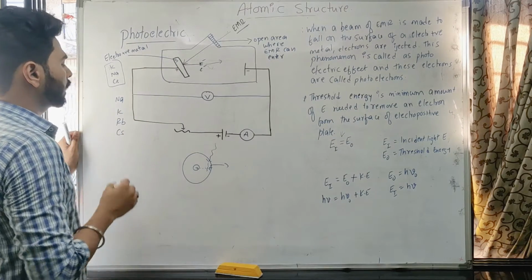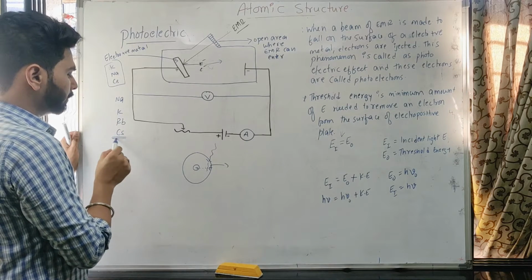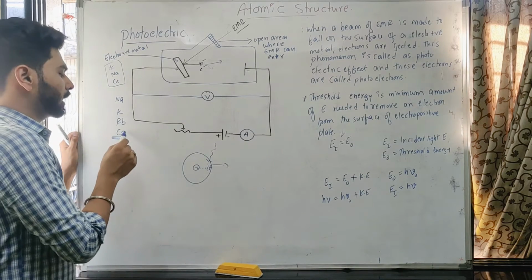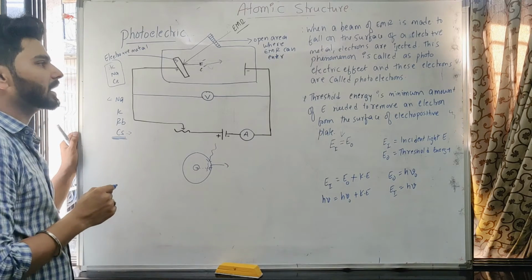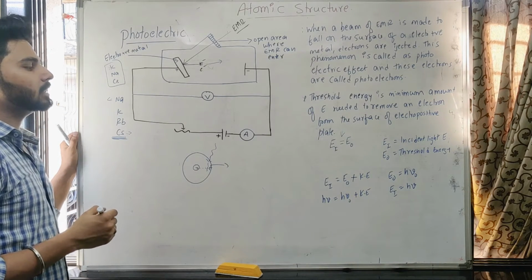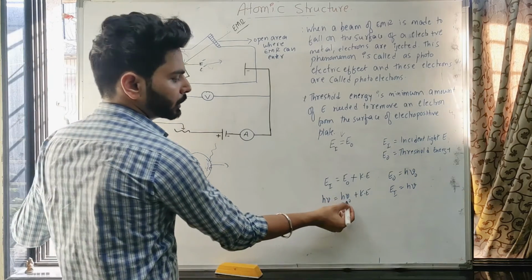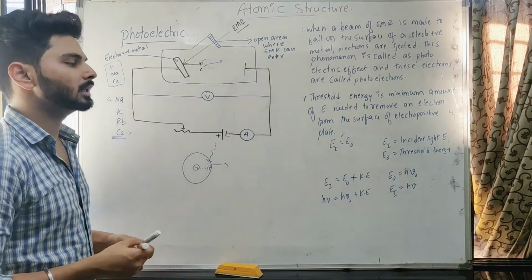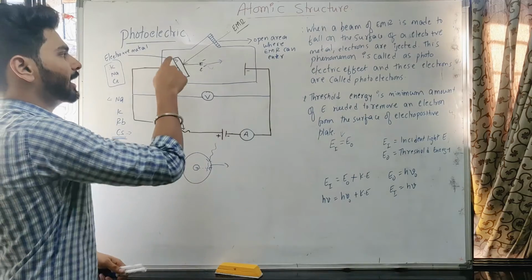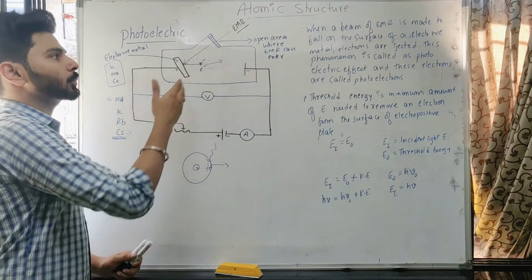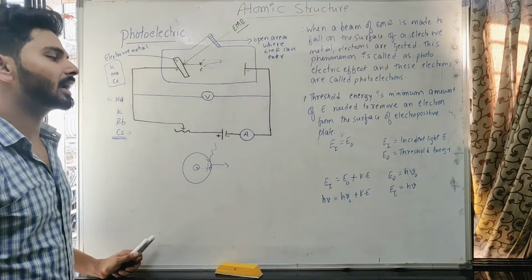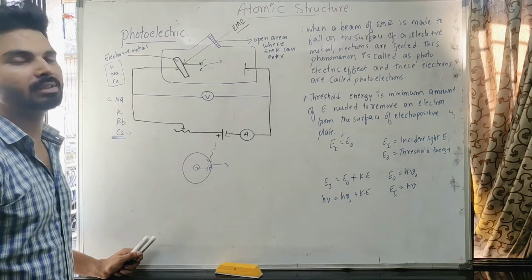The bigger size means less energy is needed to eject the electron. On the other side, sodium will have higher energy. So as a result, this threshold energy becomes a characteristic property of the electropositive metal. That will change from metal to metal. Whichever electropositive metal we use, h nu naught, the threshold energy, will change accordingly.